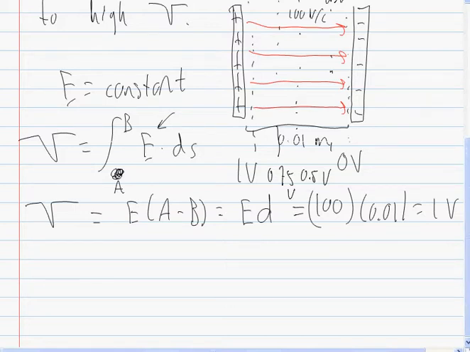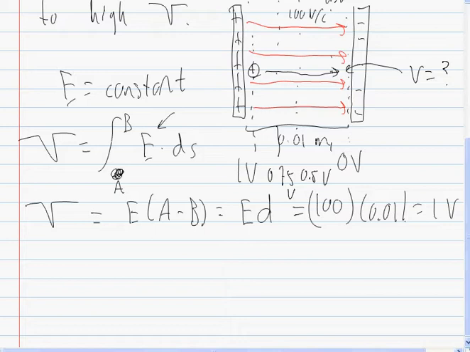And we talked a little about this before. Let's say I put a proton here, and we know that a proton is going to shoot this way, and at this point over here, I want to find out what's its speed. Not its potential, we know that's 0. But what's its speed?